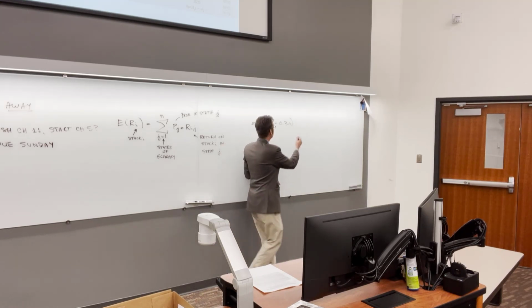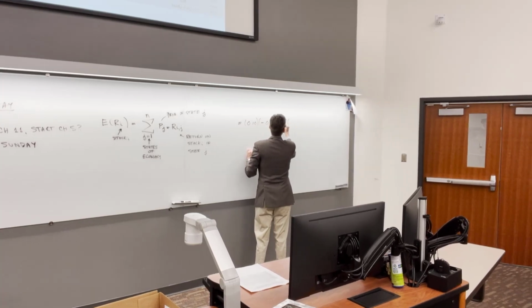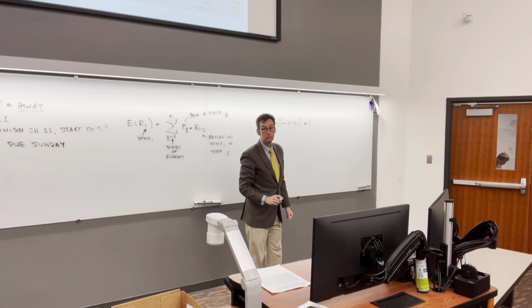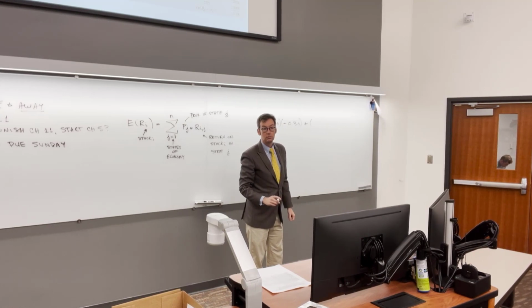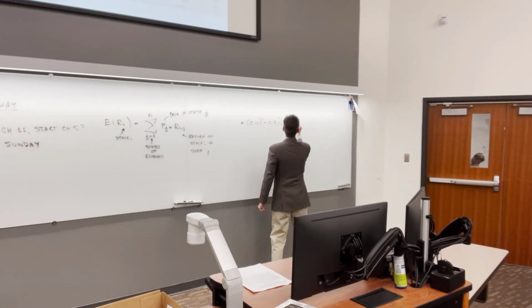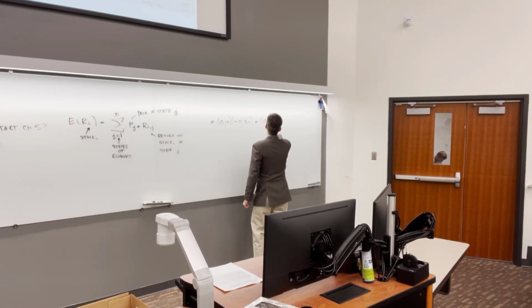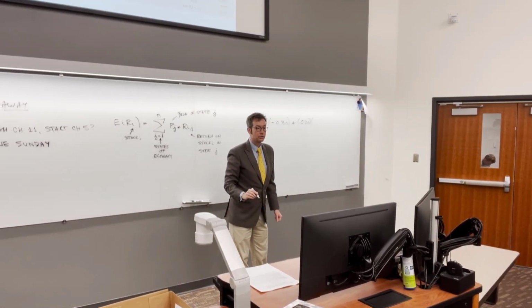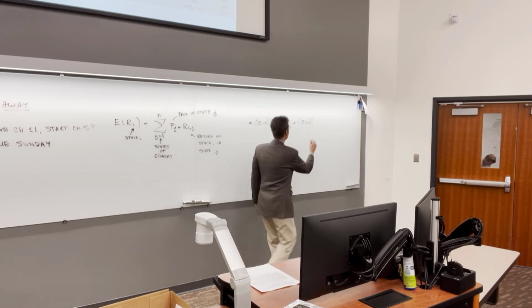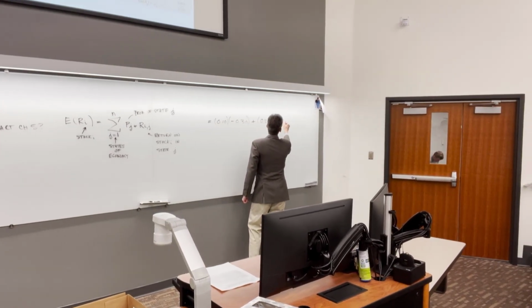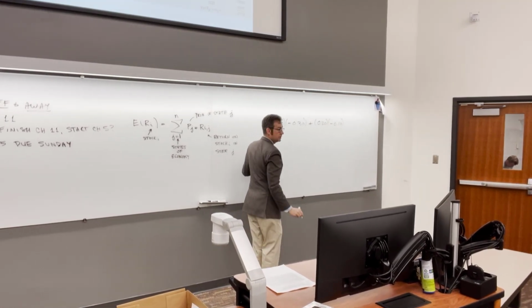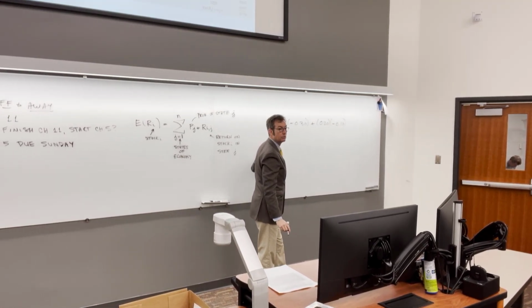Mm-hmm. Okay. Plus, what's the probability of the second scenario? Yeah, 0.2. These are not hard questions, by the way. What's the return in the second scenario for Supertech? Negative 0. Very good. Okay, plus, what is the probability of the third scenario?